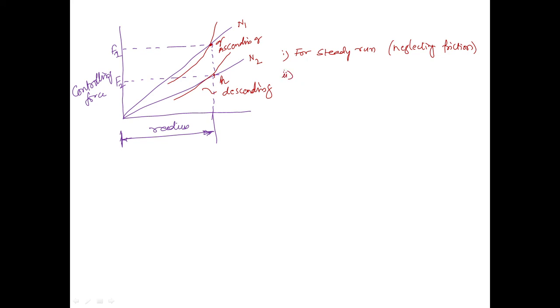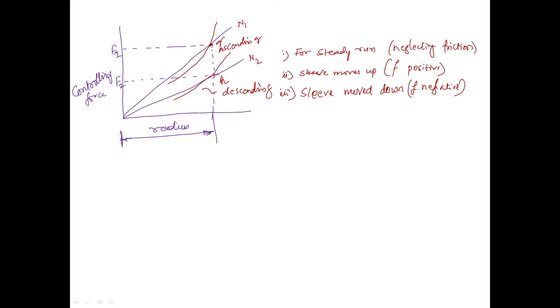Suppose when the sleeve moves up, the frictional force is to be positive, right? When the sleeve moves down, the frictional force is negative. If you consider the plus or minus sign, you get different curves here.